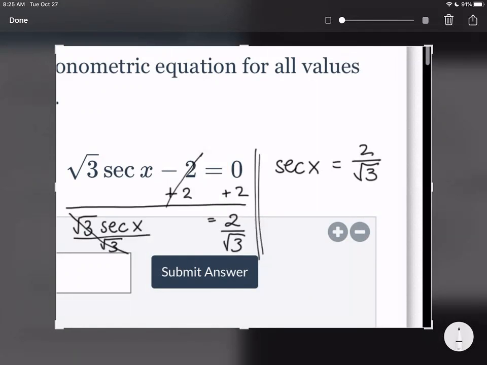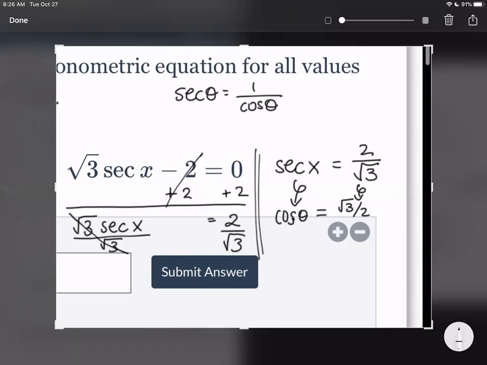And so then, remember that secant is the reciprocal of cosine. So if you flip this around, and I'm going to show that with a flippy arrow, we'll get cosine. And then we're going to flip this around. So instead of 2 over radical 3, we can get radical 3 over 2.